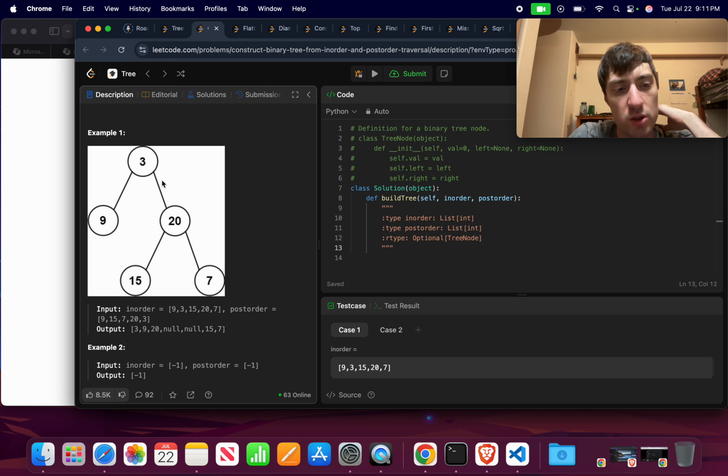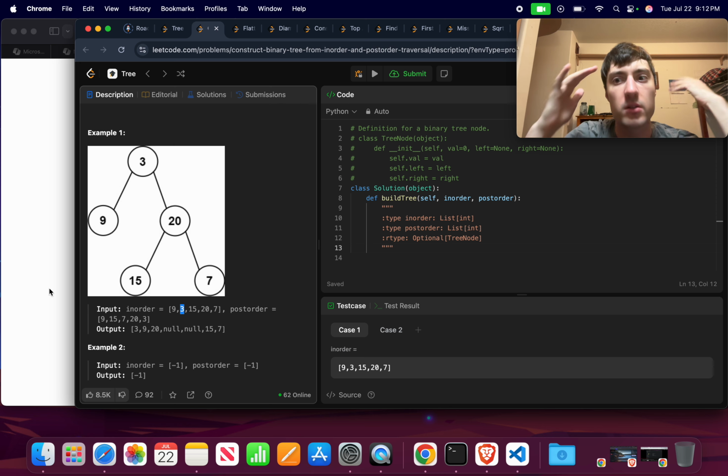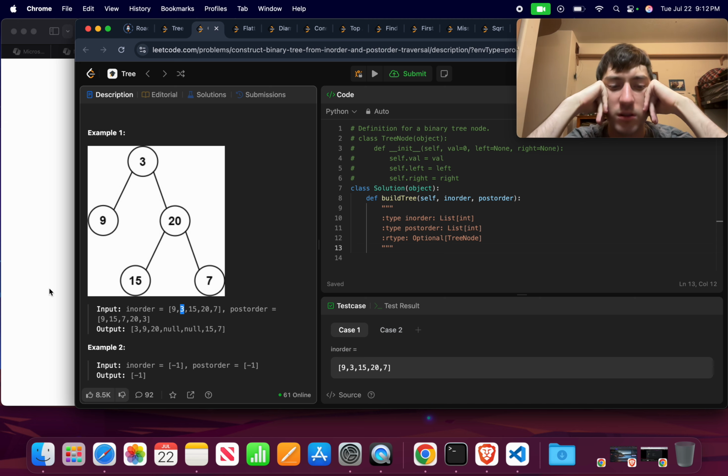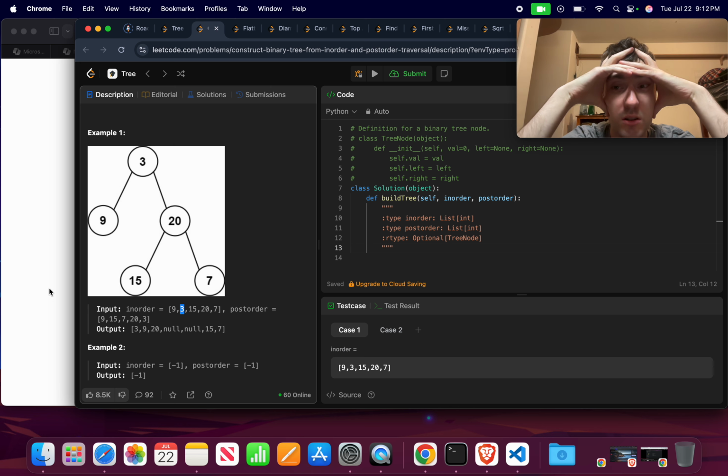And this one kind of shows where it splits, right? Like if I have 3 here, I know everything to the left of 3 is to the left of this physical node.